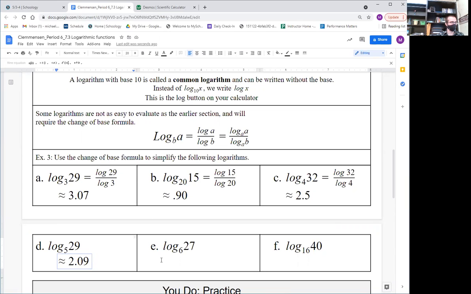All right. Let's see if someone else can give me E. You can tell me what my answer for E should be.